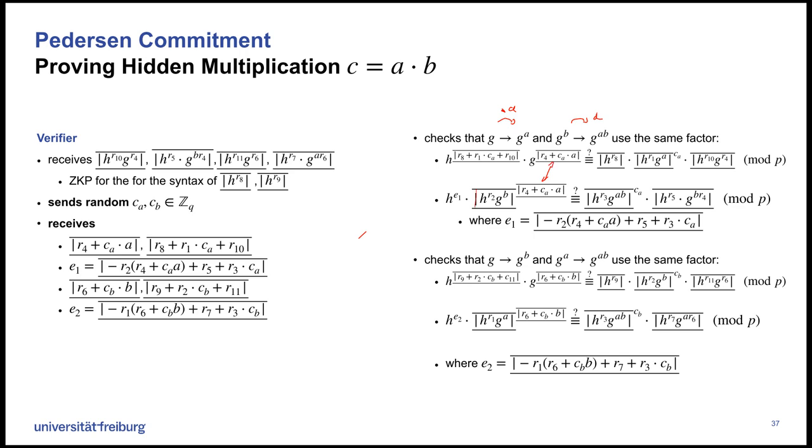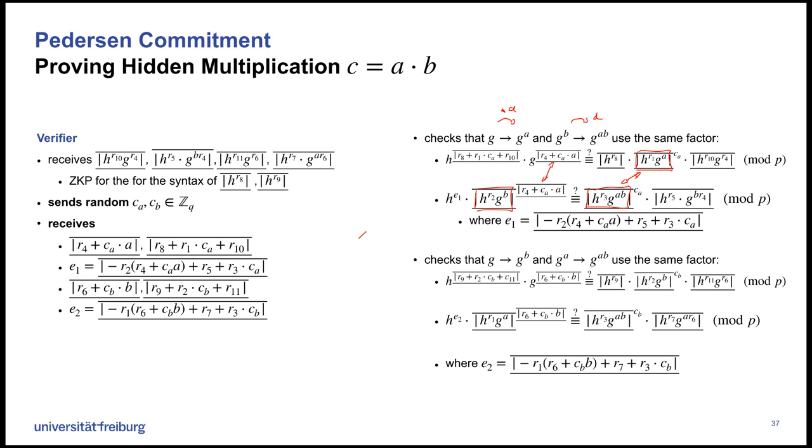So we have this hidden commitment of g to the b, and we say this to the power of this exponent is the same as here is g to the ab at this position, and here we have g to the a. So that this is the same thing happening here.